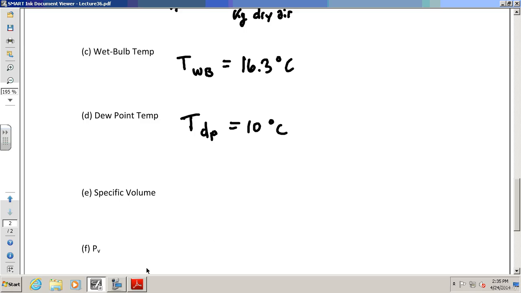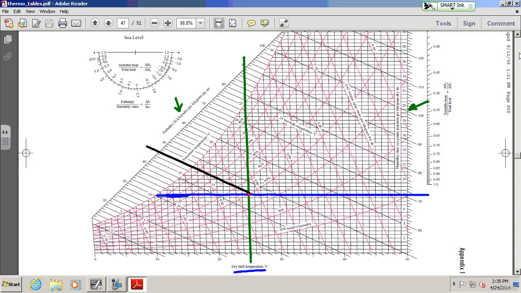Specific volume. You can also read specific volume from the chart. As if the chart didn't have enough stuff on it, you can read specific volume. You'll notice specific volume lines go from upper left down to lower right. The one with 0.92 is marked 0.92 cubic meters per kilogram dry air. And then you've got 0.91, 0.9, 0.89, 0.88, 0.87, 0.86.